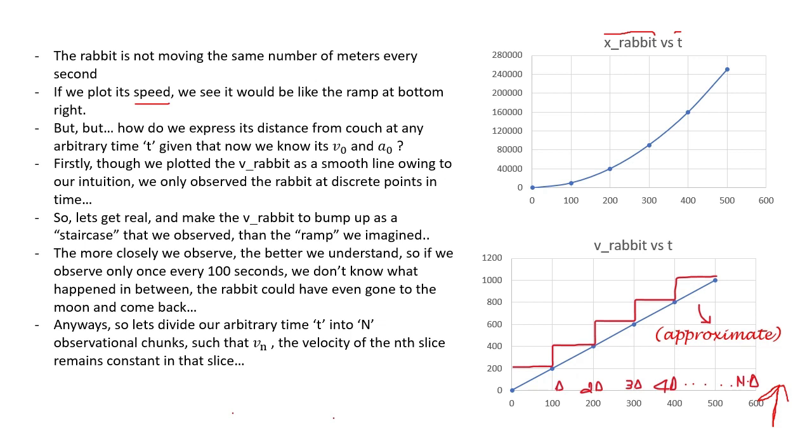Now let's divide our arbitrary time t, this whole duration, into n tiny, very tiny chunks, each having a very small width. And then let's also assume, like how we have assumed here, that the velocity Vn in each slice remains constant.